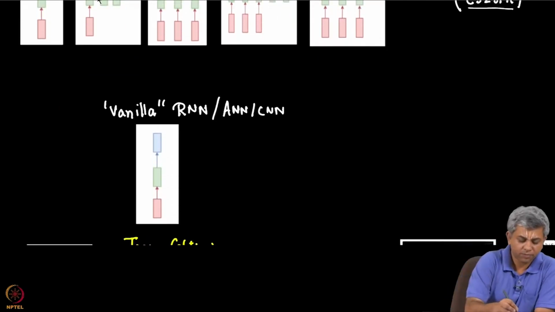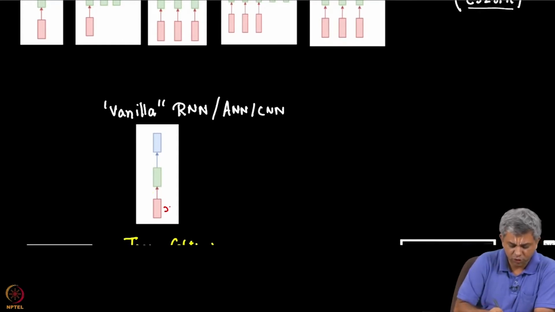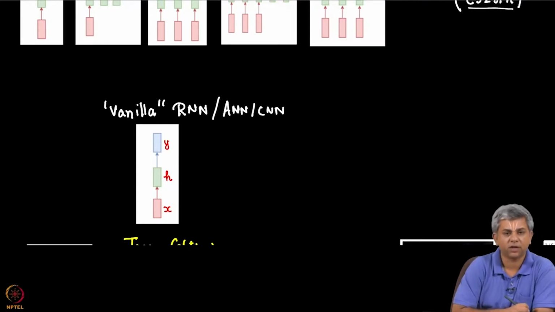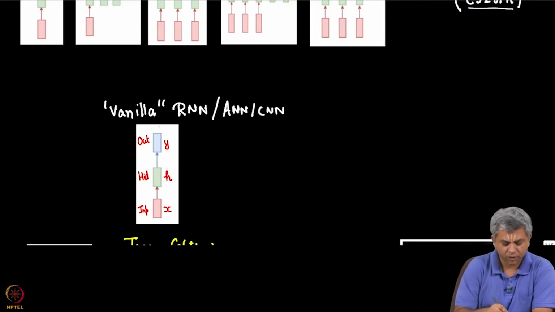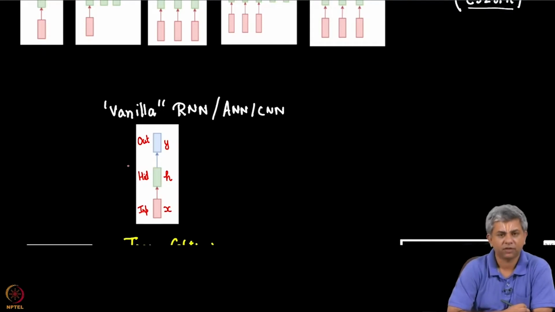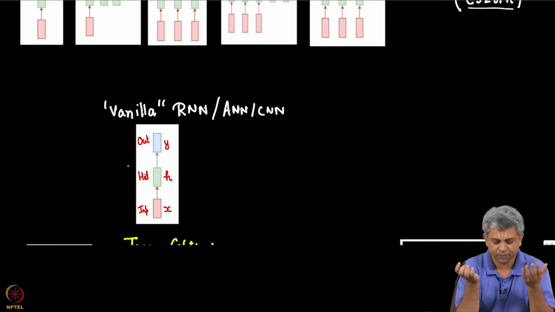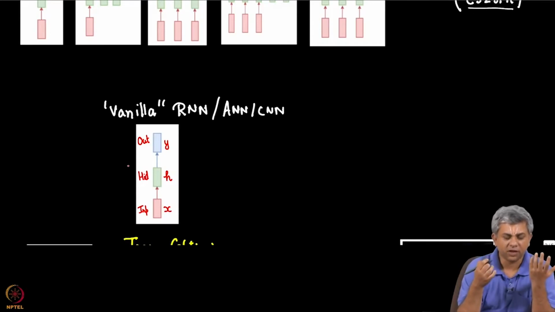So, here this red block simply is our usual input, let us call it x. This green block in the middle is our hidden layer, and the blue block here is our output layer. So, as usual, input, hidden, output. Now, this one to one classification is basically our usual ANN. You can even think of it as a CNN.